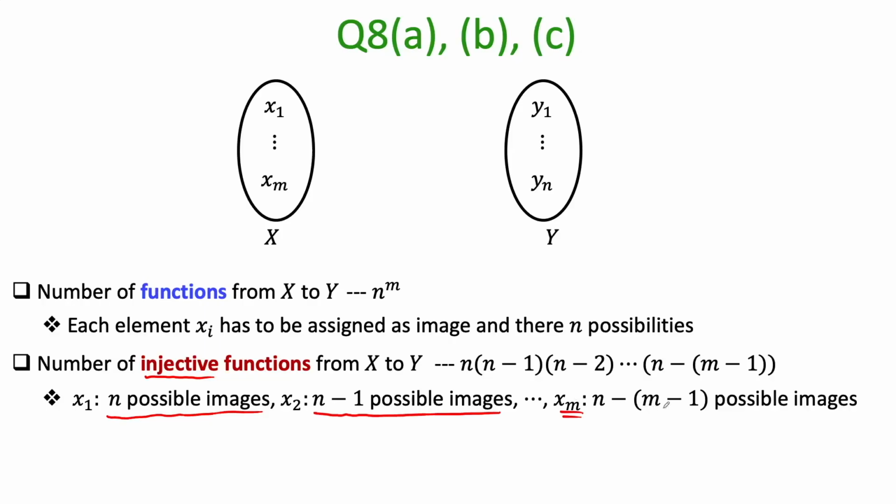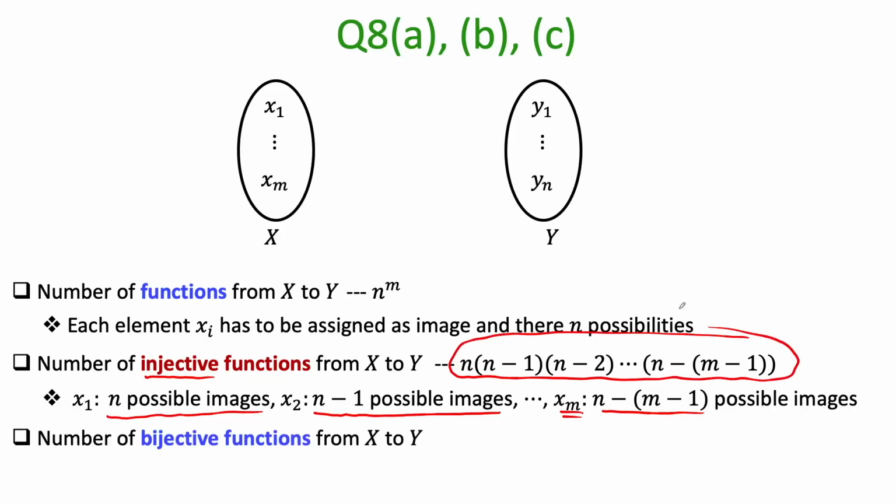That means I have only n minus m plus 1 possible images to assign for the element xm. So the total number of injective functions will be n into n minus 1 into n minus 2 into n minus 3 and so on up to n minus m plus 1.